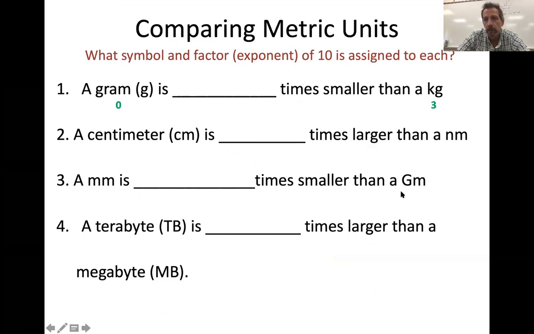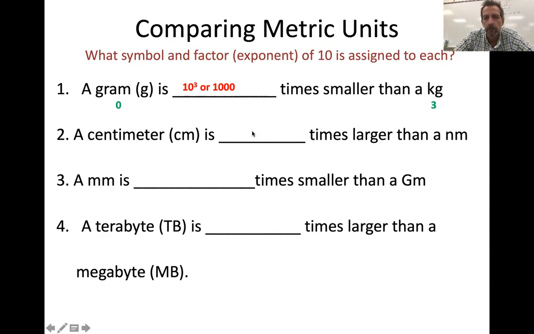Kilo is 10 to the 3. How far apart would 0 and 3 be? If we're thinking about a number line, they're 3 spaces apart. Remember what we said, that doesn't mean it's 3 times smaller. That means it is 10 to the 3 times smaller, because it's 10 times 10 times 10, or 1,000 times smaller than a kilogram. So this is a strategy for dealing with this.